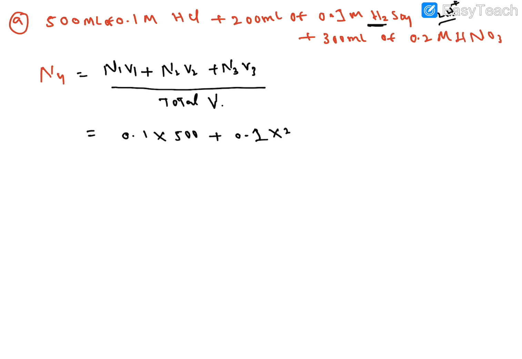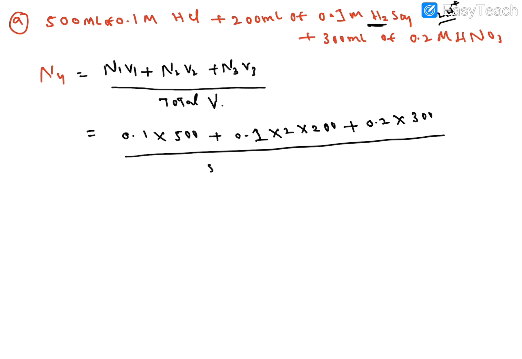So multiply with 2, and what is the volume they are giving here? 200 ml, and plus, the molarity and normality are the same for HNO3, because the basicity is 1 only. So 0.2 into 300 ml, divided by the total volume.